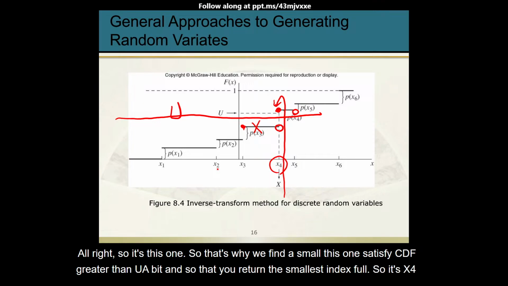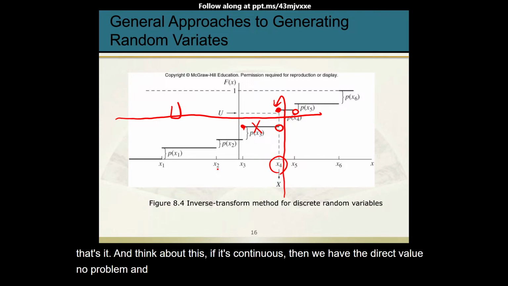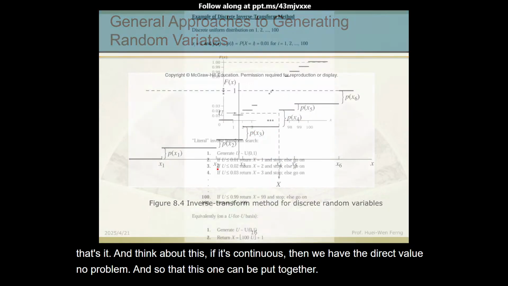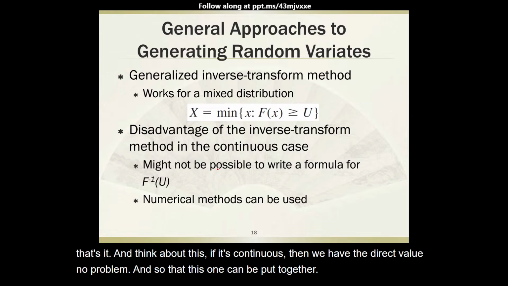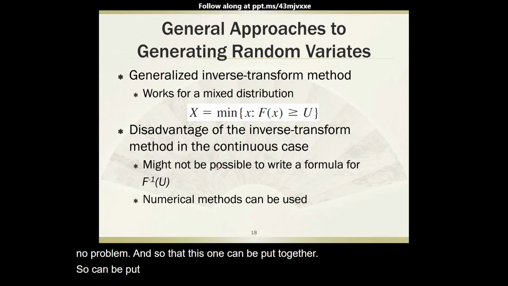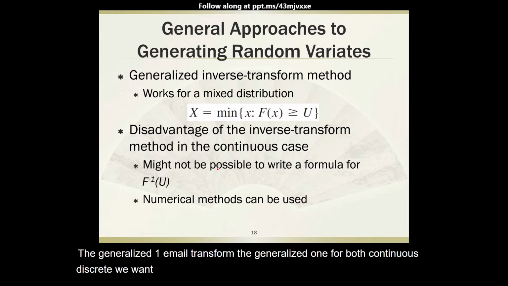And think about this, if it's continuous, then we have the direct value, no problem. And so this one can be put together. The generalized inverse transform for both continuous and discrete: we want to find X. X satisfies this equation, but X should be the smallest one.